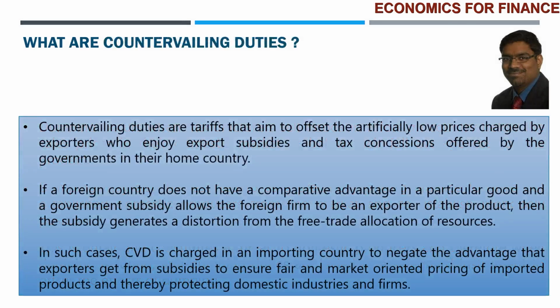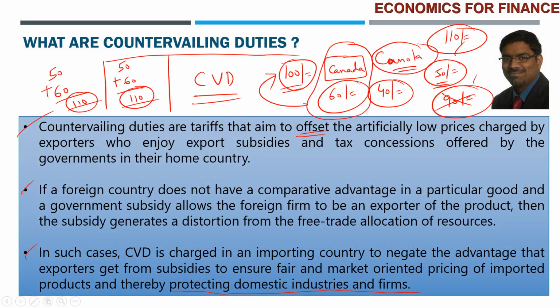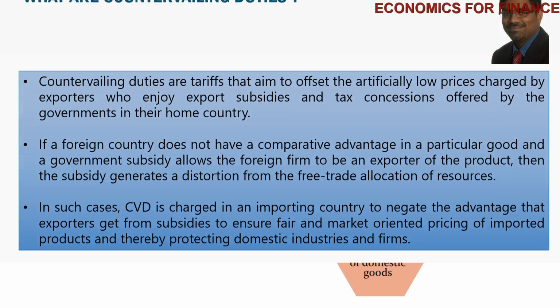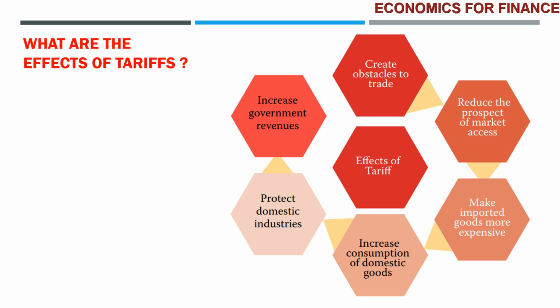But countervailing duties are not just the decision of a private person; they are due to the other government's policy. The price of a product is artificially low, and due to the importing government's policy, that will be brought back up through countervailing duties. These are the different types of tariff measures that countries can take as part of their trade policy.